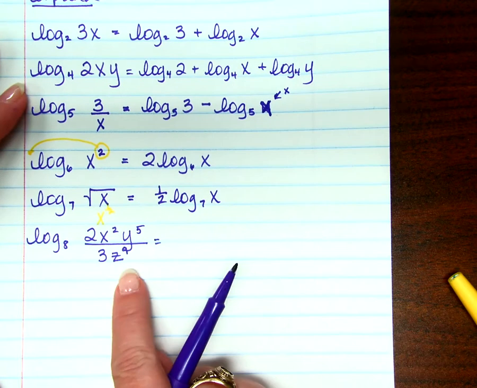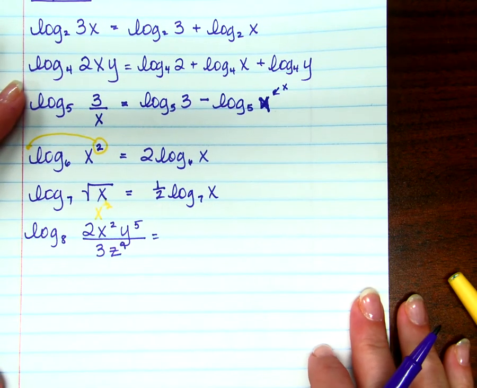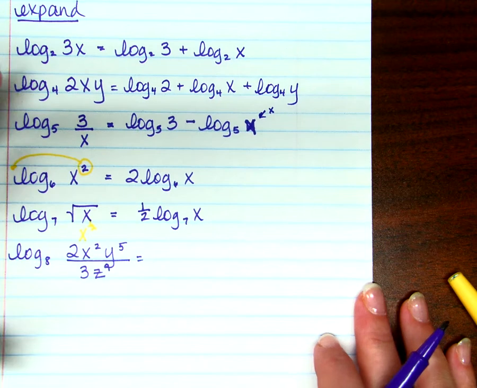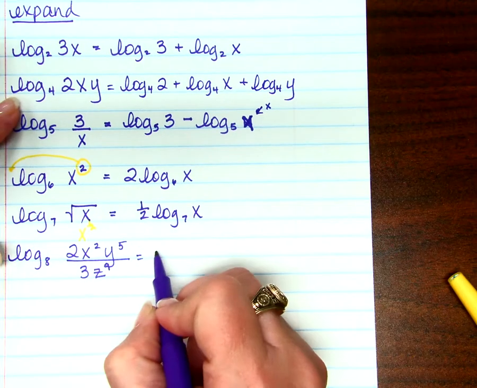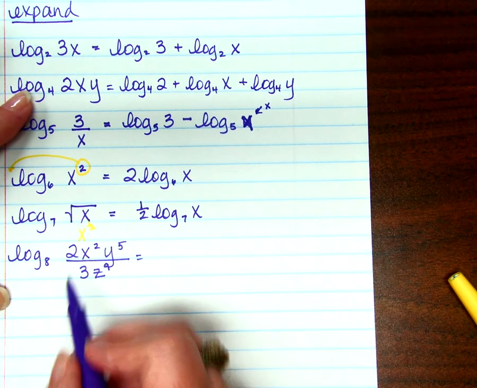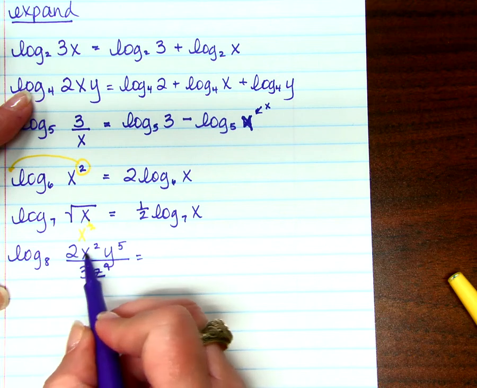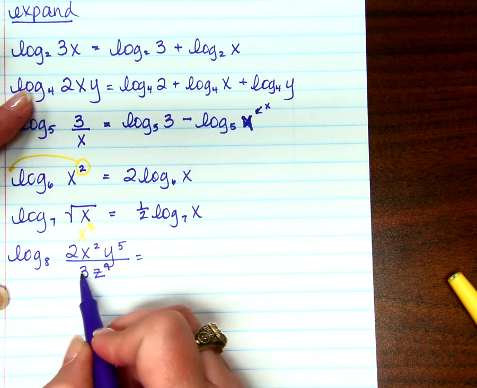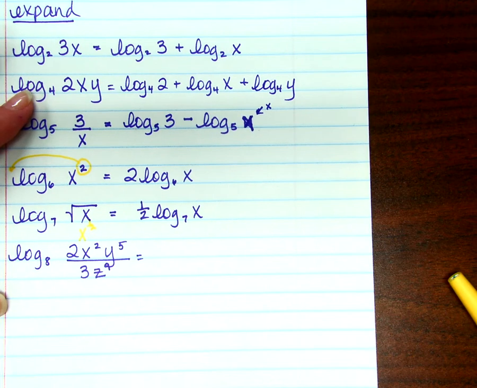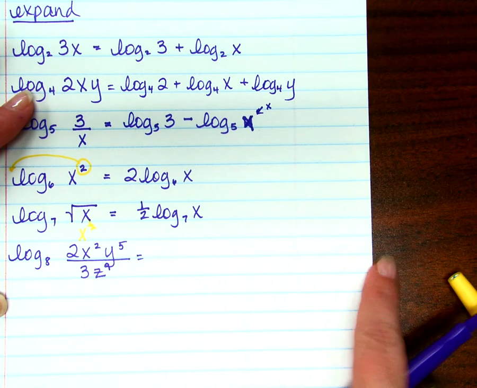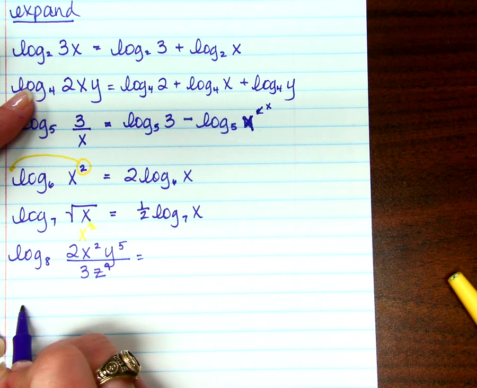So how many times am I going to write it down here? 5. Okay. So how do you know it's 5? There's a term, there's a term, there's a term. Okay. If I start writing it up here, I'm not going to have room, so I'm just going to start writing it right down here. Is that okay with you?